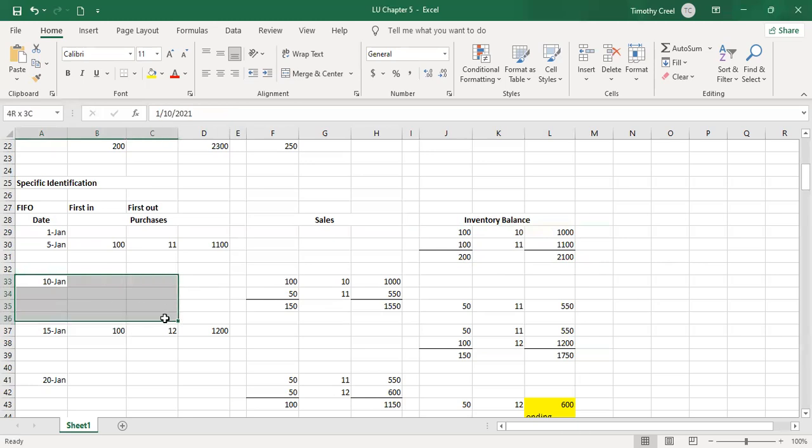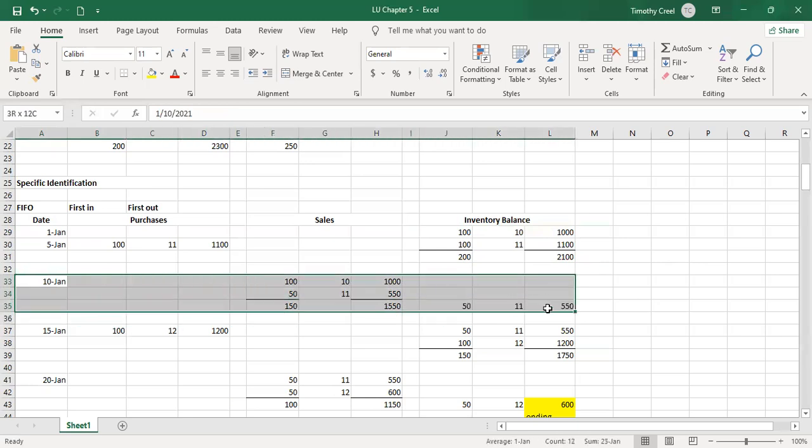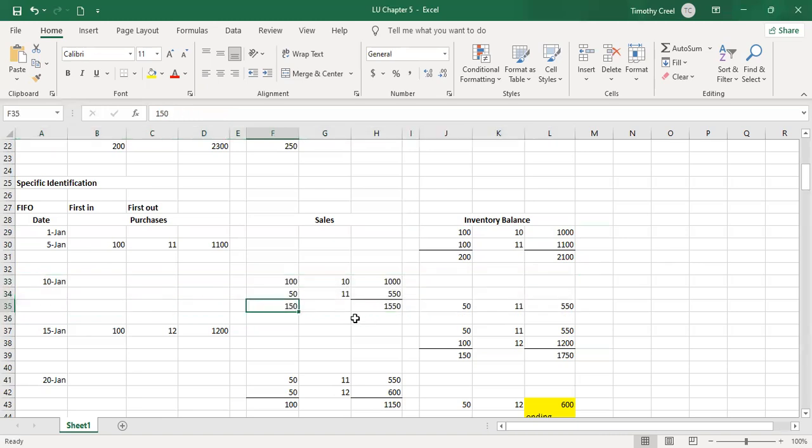Now, on January 10th, we make our first sale. Notice that we're going to sell 150 units on January the 10th. Since we're doing first in, first out, FIFO, that means we're going to start with our oldest items. We're going to assume that those are the items that are coming out in the sale, and we're going to move our way forward.